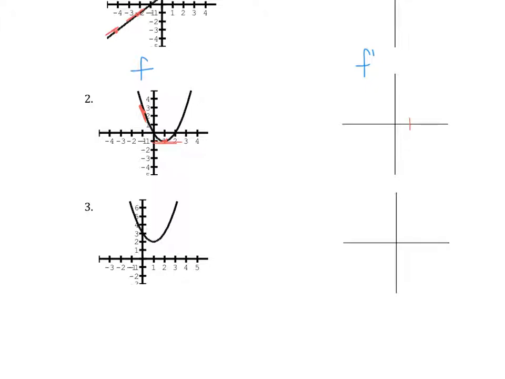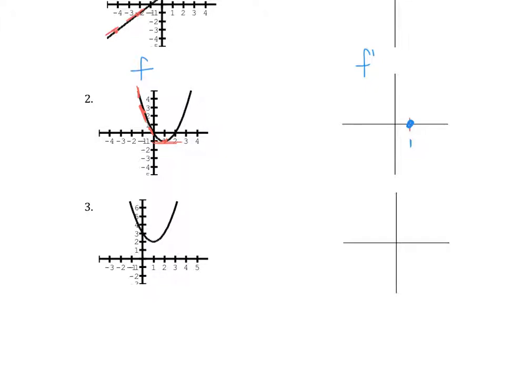So over here on the f prime graph, when x is 1, the derivative is 0. So I can put that point on my derivative graph. Now, what do you know about all the derivatives to the left of 1? Look at all of them. They're negative, so that means they're going to be below the x-axis on f prime.